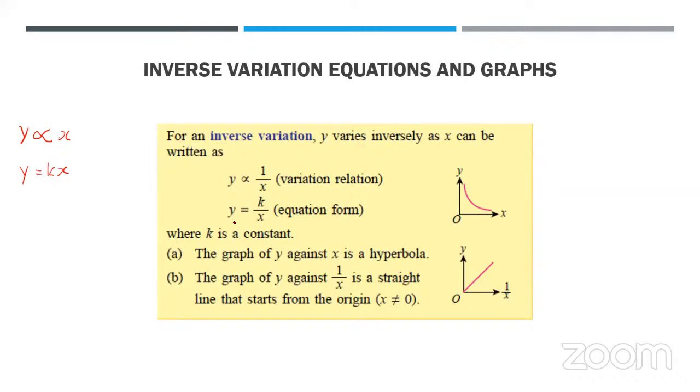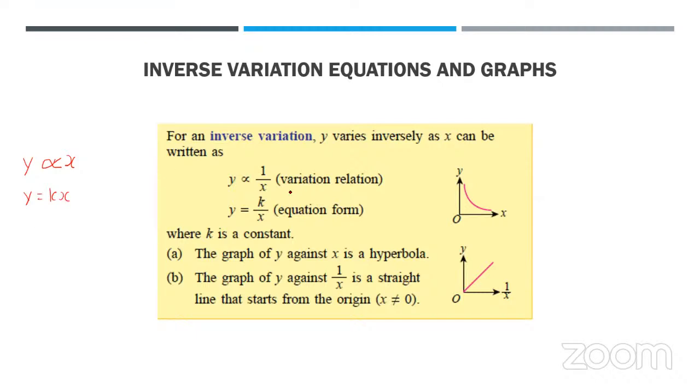So you might be wondering why it's y equals k over x instead of y equals kx. Let me tell you why. When you substitute the constant in, for example, if y is directly proportional to x, it will be y equals kx.